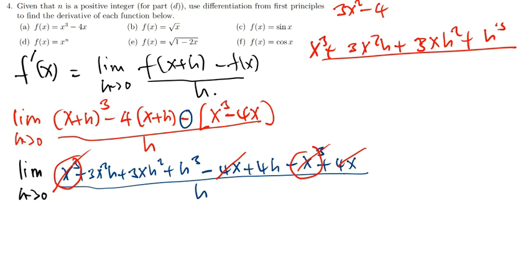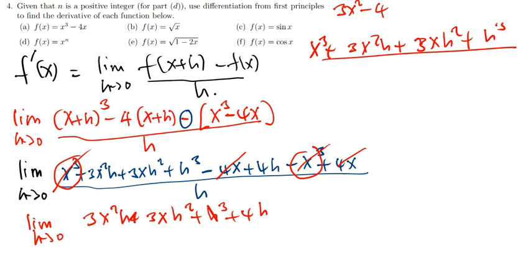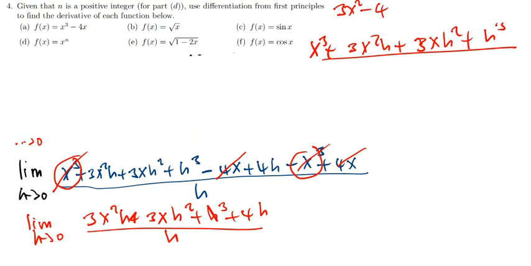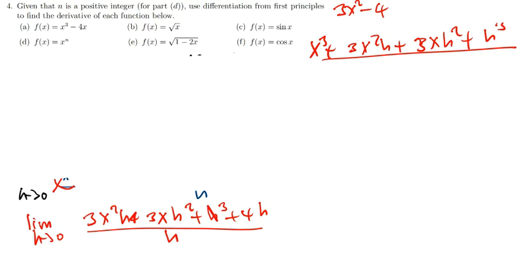So now I've remained with limit as h approaches 0 of 3x squared h plus 3xh squared, then plus h to the power 3 plus 4h. Everything we divide by h. Let's now try to factor out h on top, because if I plug in directly I'm going to get 0 over 0. But let me factor out h.